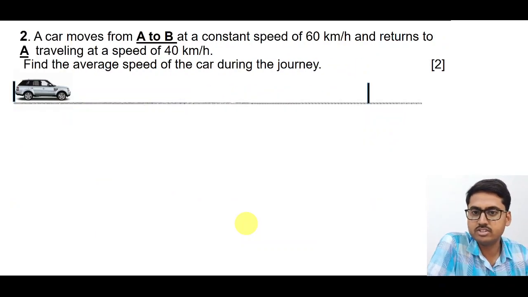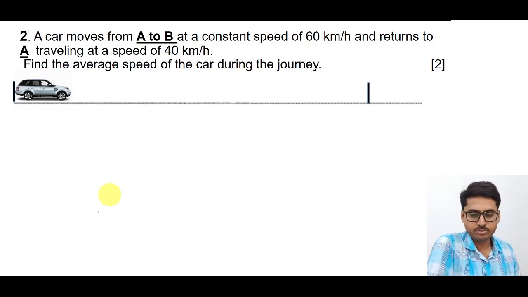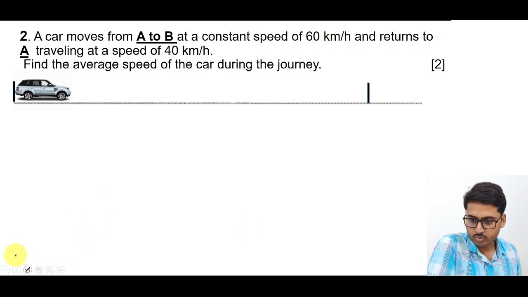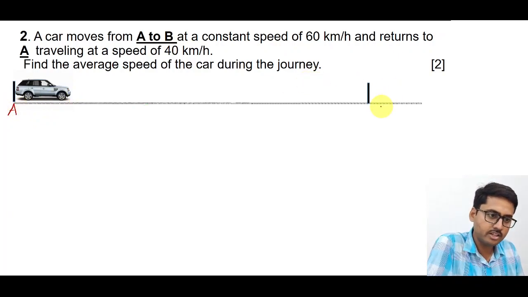It's my favorite actually. The question number 2 is based on average speed. Now the question says a car moves from A to B. So I am considering this point as A and this is point B at a constant speed. Just now we have discussed what is constant speed, that is uniform speed of 60 km per hour.